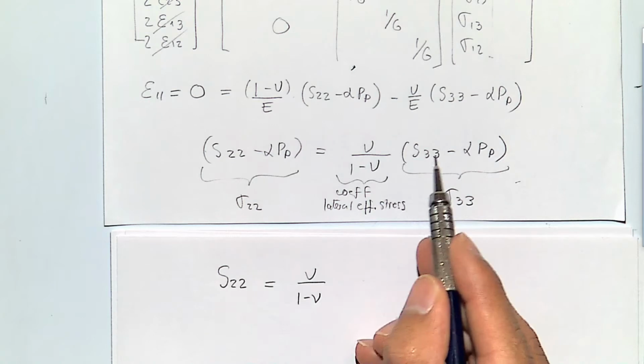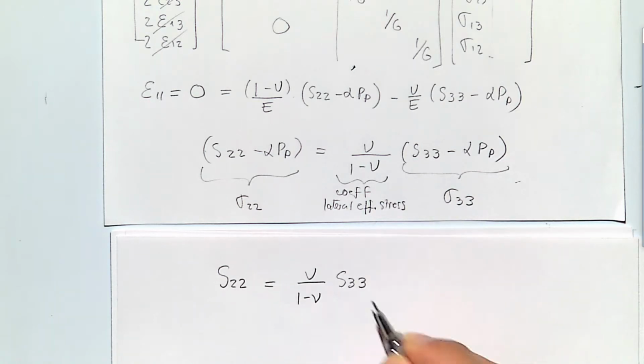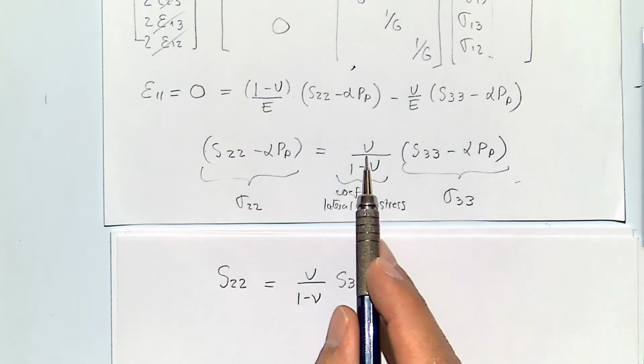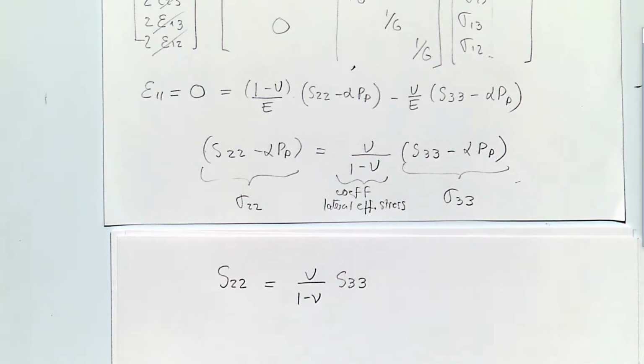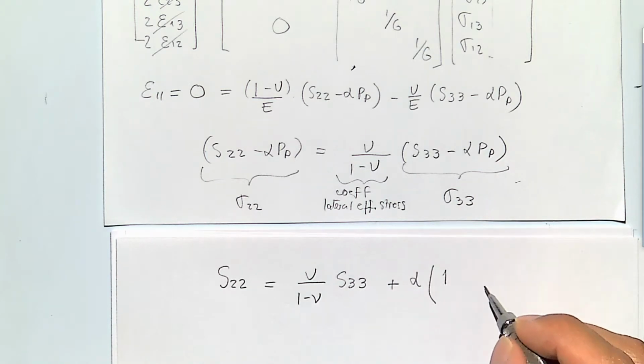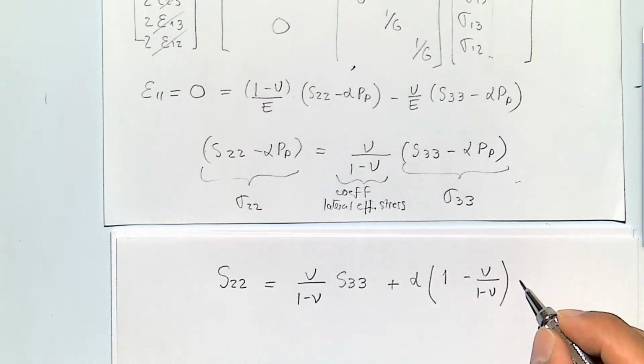So that term over here is this, and when I pass the pore pressure on the other side, notice that there is a coefficient over there. This is going to be equal to, it's going to be plus, pore pressure alpha 1 minus this times pore pressure, right?